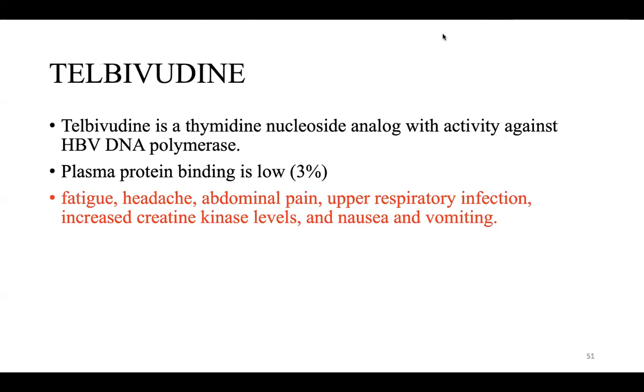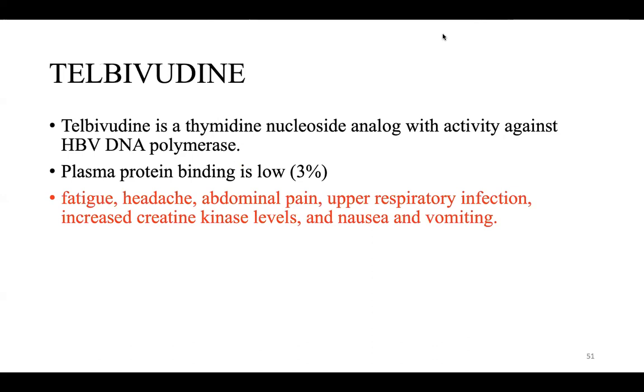Telbivudine is phosphorylated by cellular kinases to the active triphosphate form, which has an intracellular half-life of 40 hours. Oral bioavailability is unaffected by food. Plasma protein binding is low and distribution is wide.